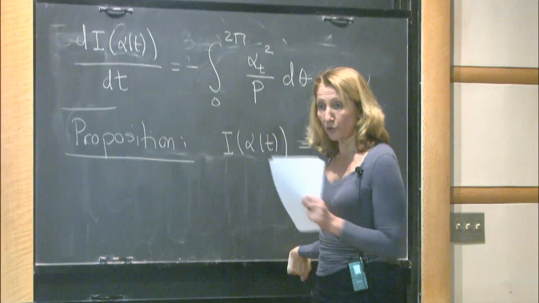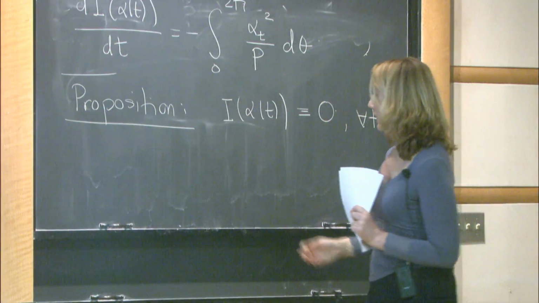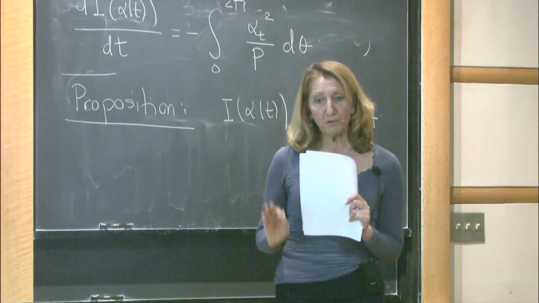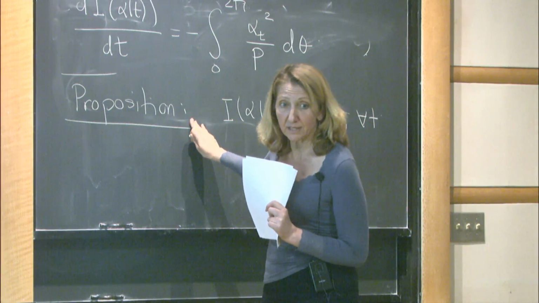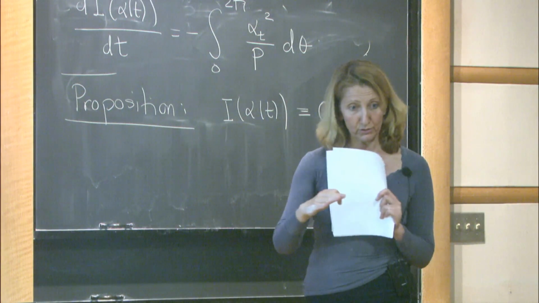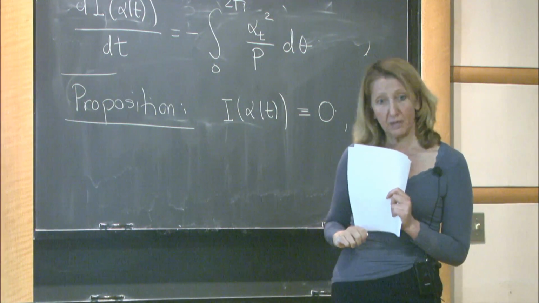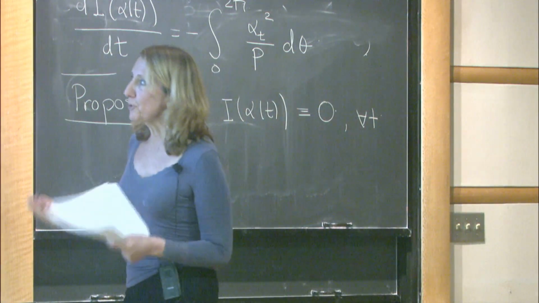And I will try to show you how we show this. So this is the main proposition. Let me first show you why, once you have this, you can classify the solutions, and then I will show you how you go about showing this.